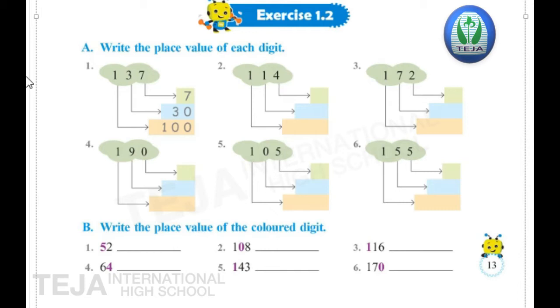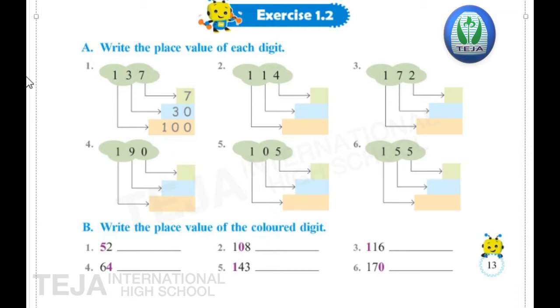Here, see, the first question is done for us. Look here, children, look at the screen. Here the first number is 137. Now 7 is in ones place, 3 is in tens place and 1 is in hundreds place. So the value of the digits is 7, 30, 100.